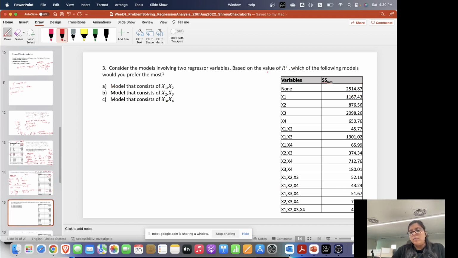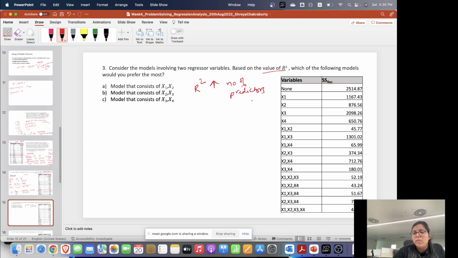Here again I am asked to calculate, based on the values of R square, which one of the models is preferred. The first and foremost thing we should note is that R square increases with the number of predictors.